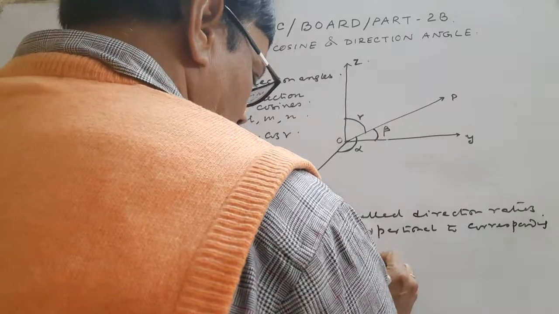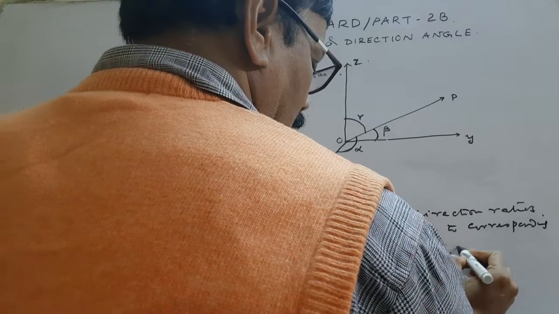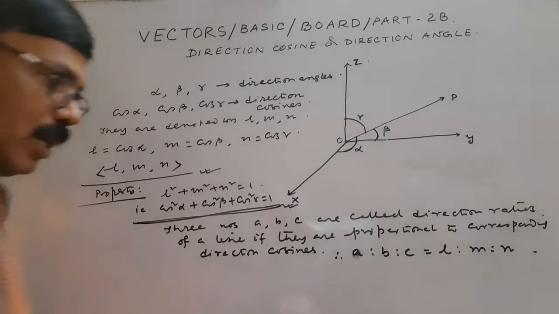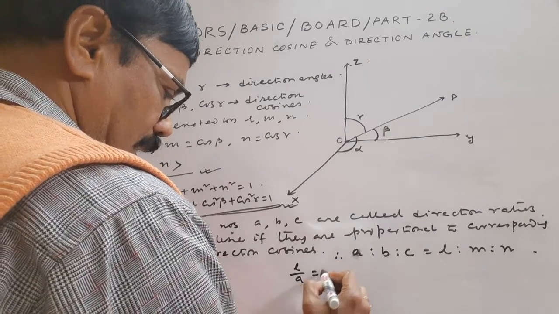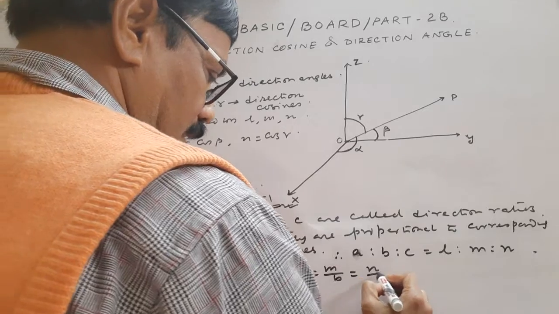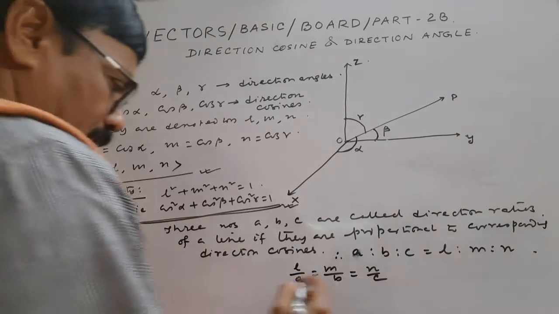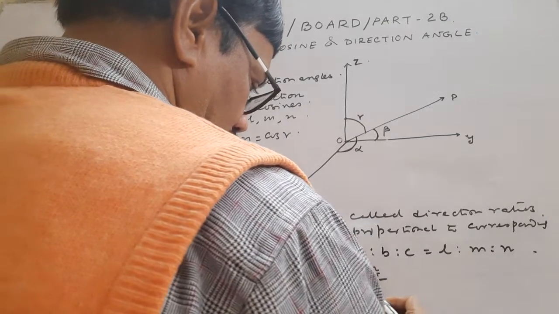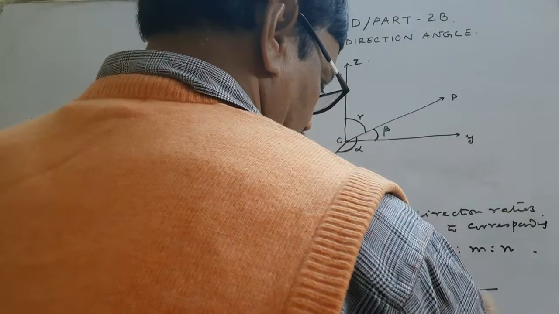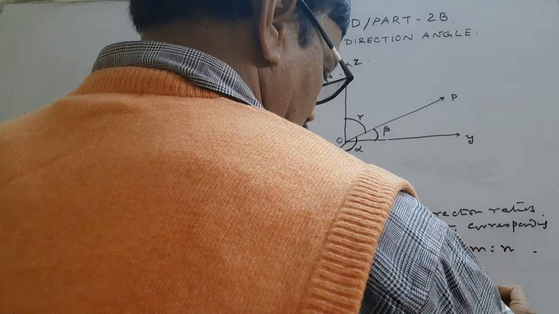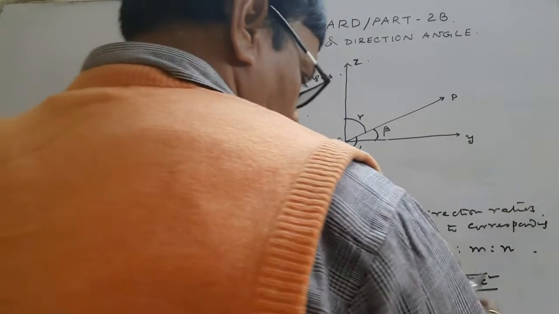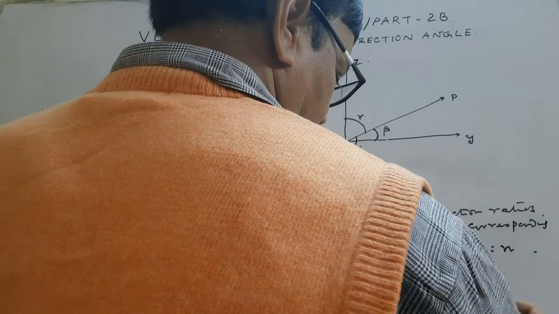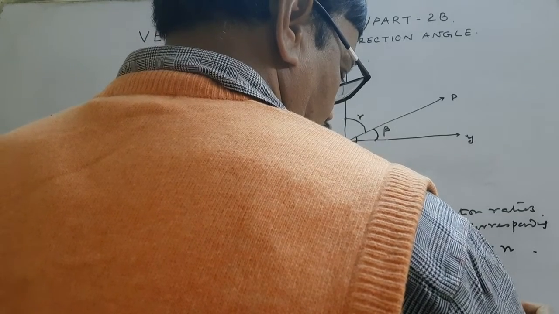Therefore, A is to B is to C equals L is to M is to N. That is, we get L by A, M by B, N by C. And you know the property, if they are equal, then you can write it again: L by A, M by B, N by C. So squaring and adding, with root over it, we get L square plus M square plus N square by A square plus B square plus C square.